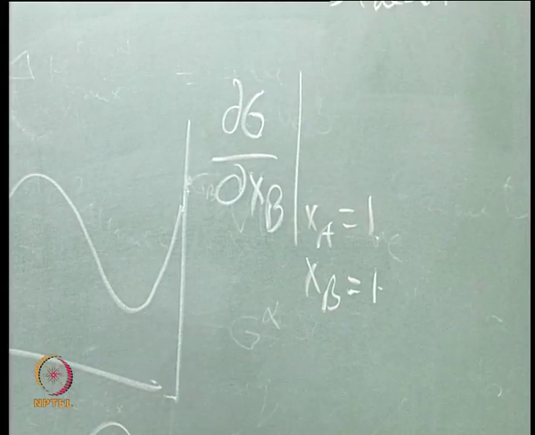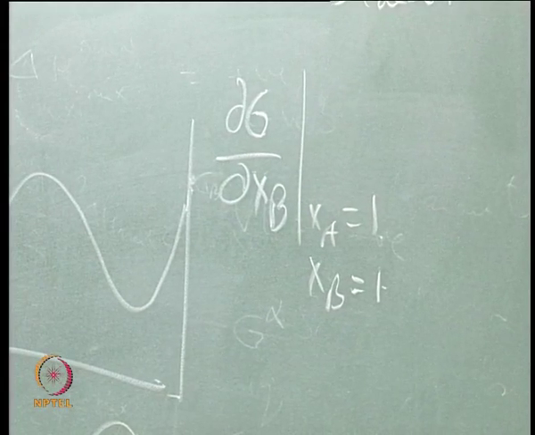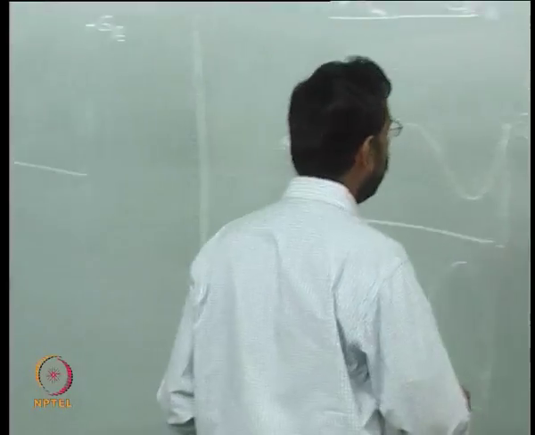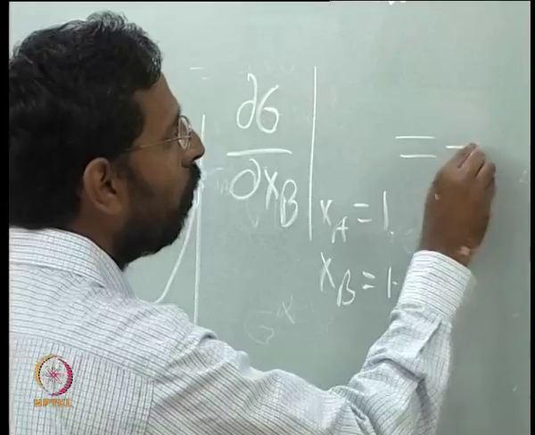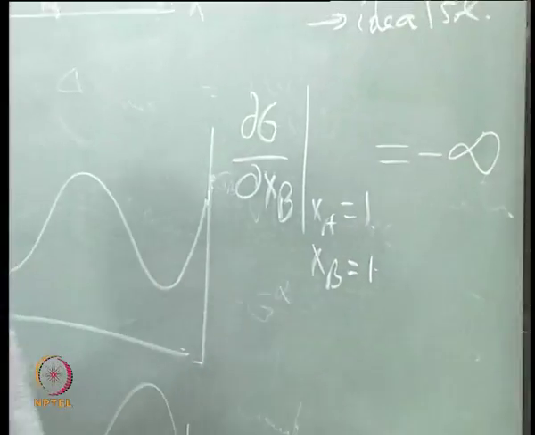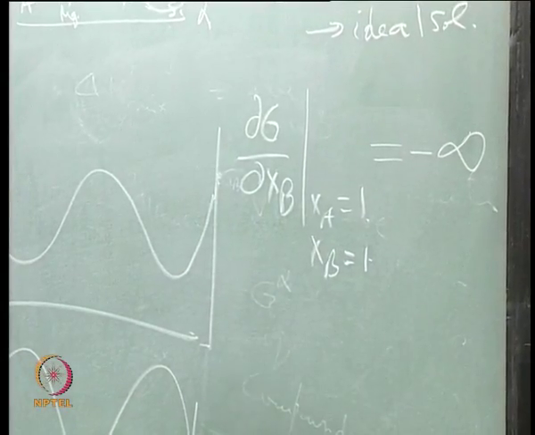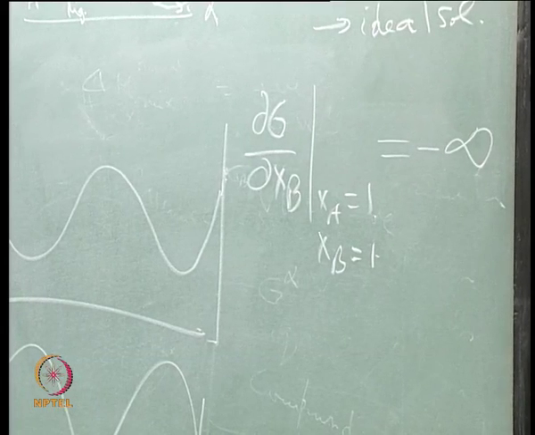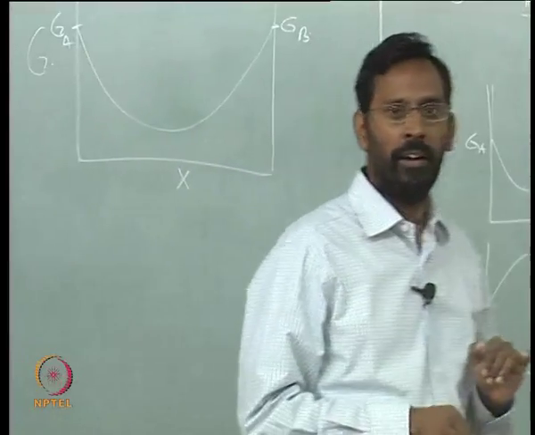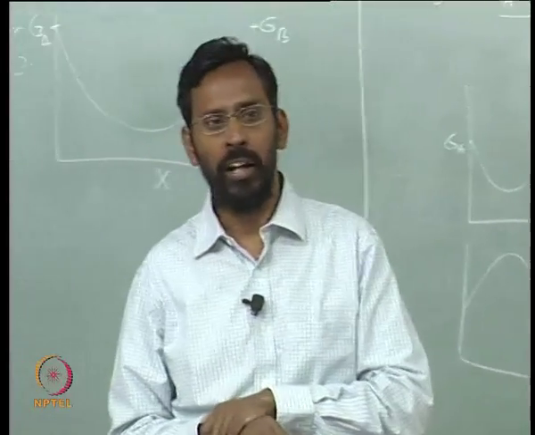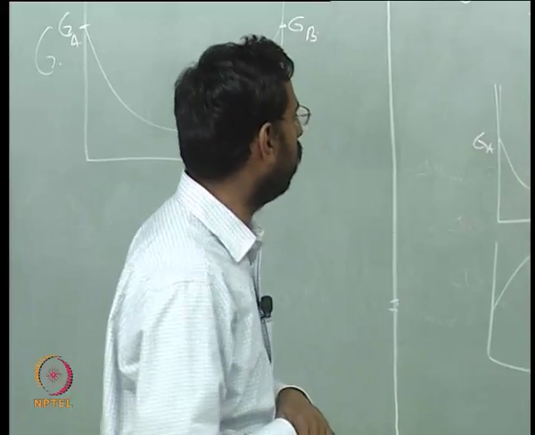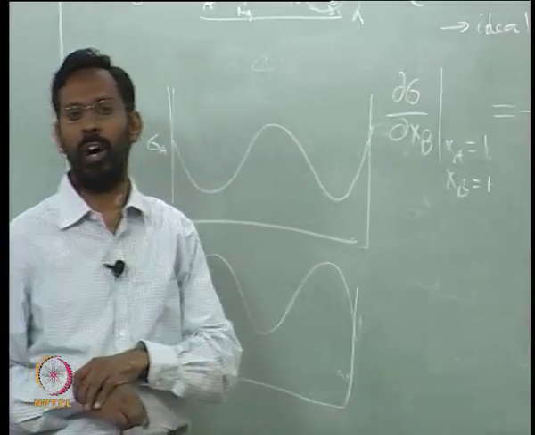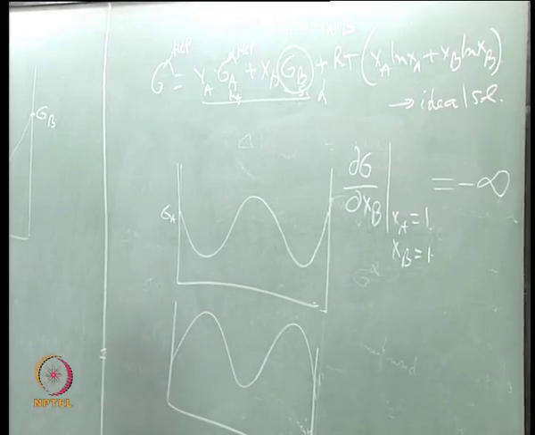I want to give this as an exercise to you. Please do it in your rooms and come back to me in the next class. You would see that if you do this, you would find this value is minus infinity. Please do it for yourself. So the slope of the free energy curve in the G versus composition diagram, as XA tends to 1 or XB tends to 1, is minus infinity.